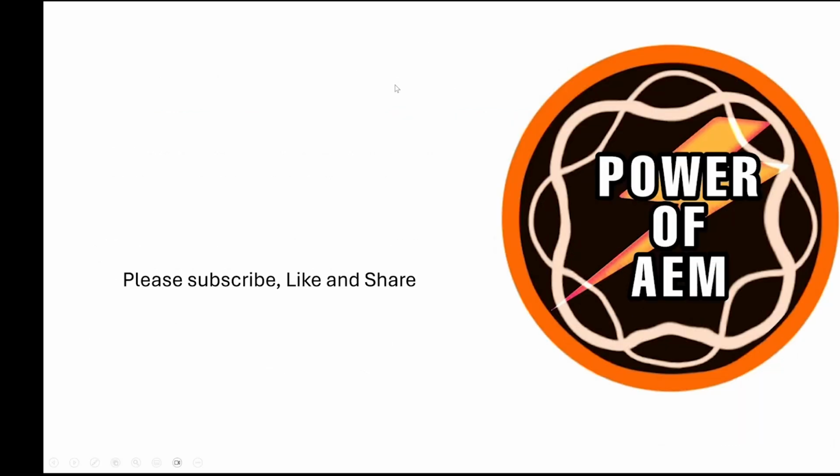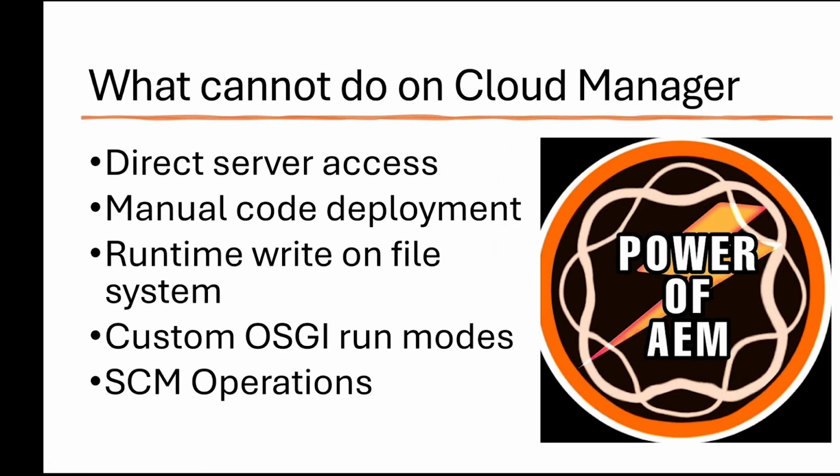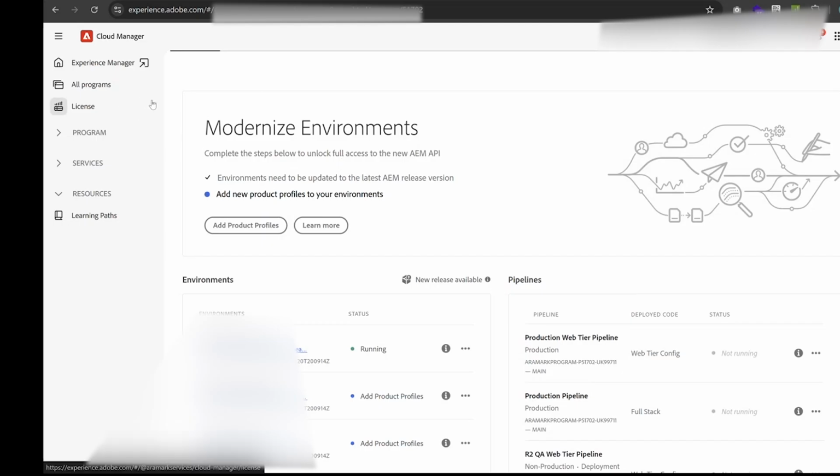Let's see quickly how we can check and do the edit of the program. As you can see, this is the Cloud Manager screen, where you can see all the programs. In case you want to do any kind of operation, you need to go into the respective program. You might have multiple programs within your organization.